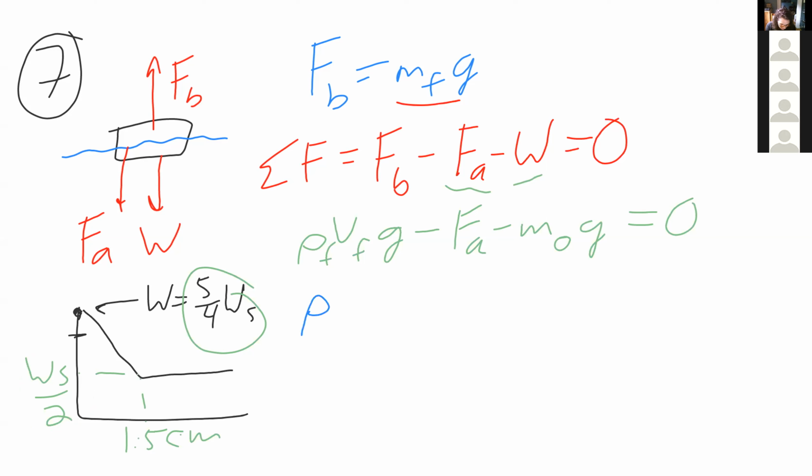So we have density of the fluid times the volume of the fluid times gravity minus the apparent weight. That's going to be the W scaling over 2, and then minus this weight right here, so minus 5/4 times the weight scaling.